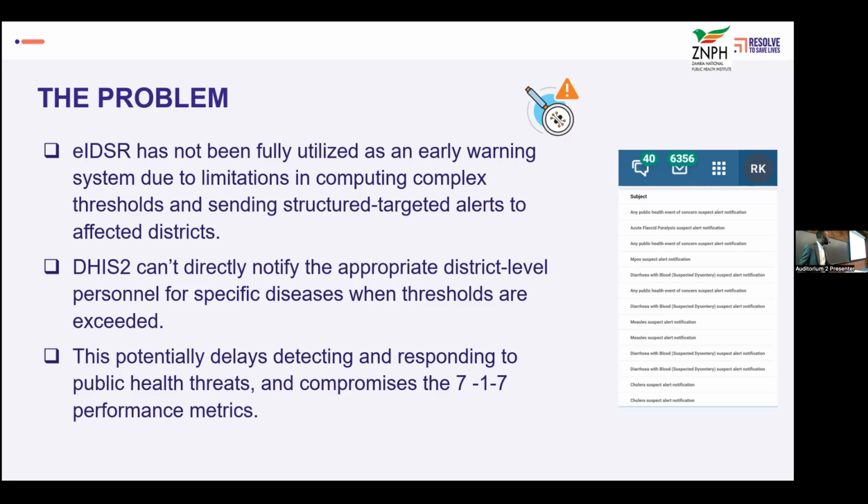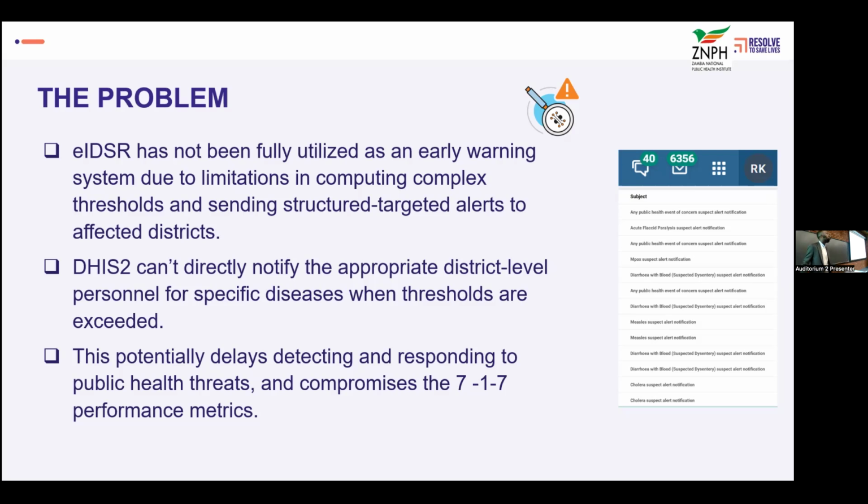And also, related to this same challenge, these system notifications cannot be structured in a way that allows district surveillance officers to take additional actions, such as verifying the alert or tracking 717 metrics.